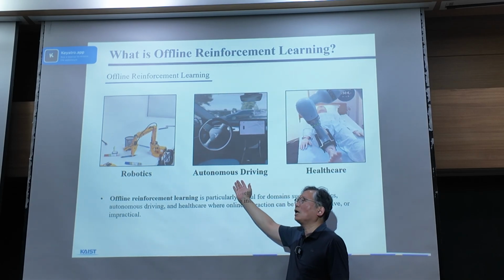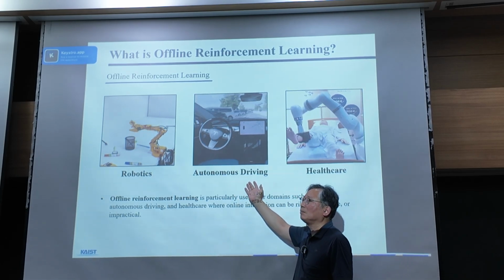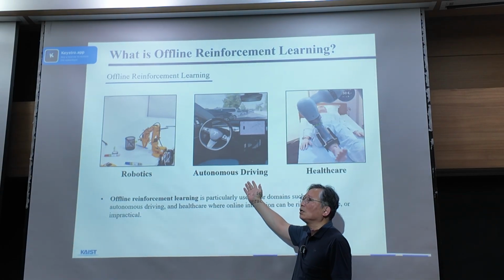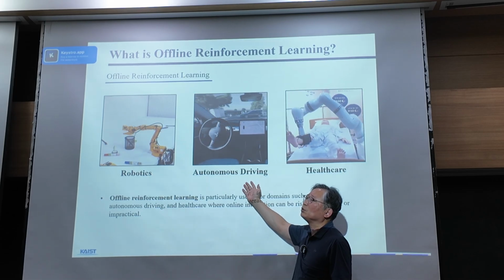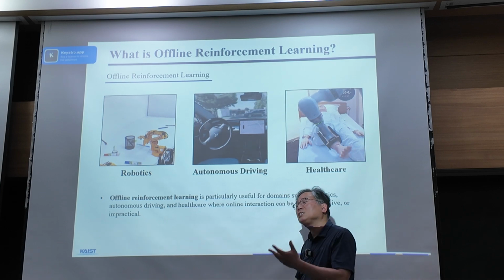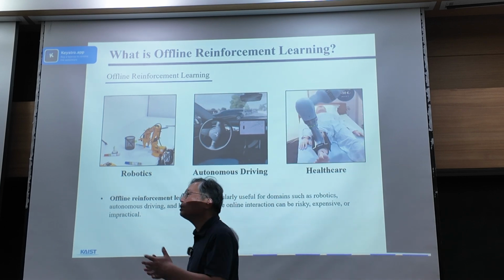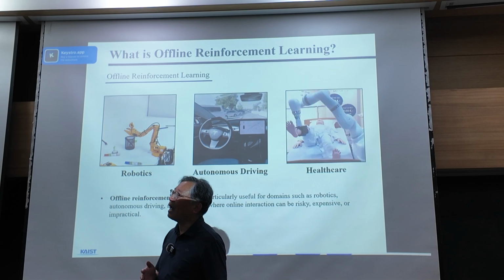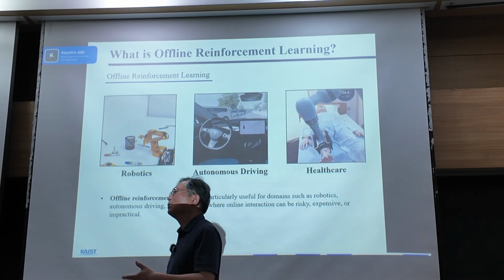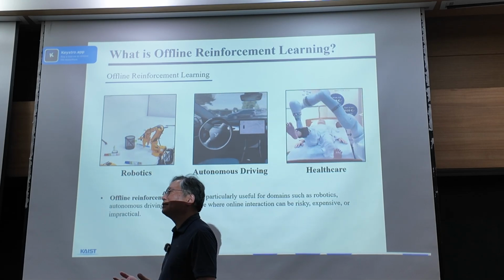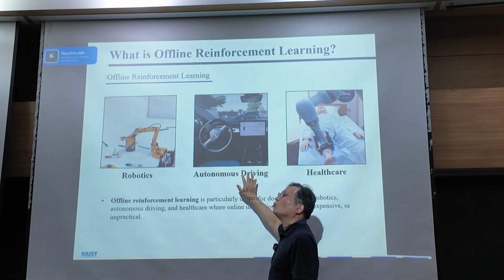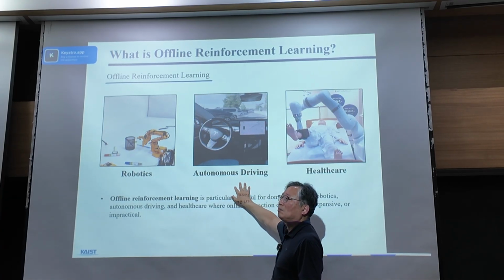What would you do, online or offline here? In this situation, you would never use online. Online is experimenting. Okay, oh, this is good. This is bad. And then it's setting its policy. So autonomous driving, you would always use offline.